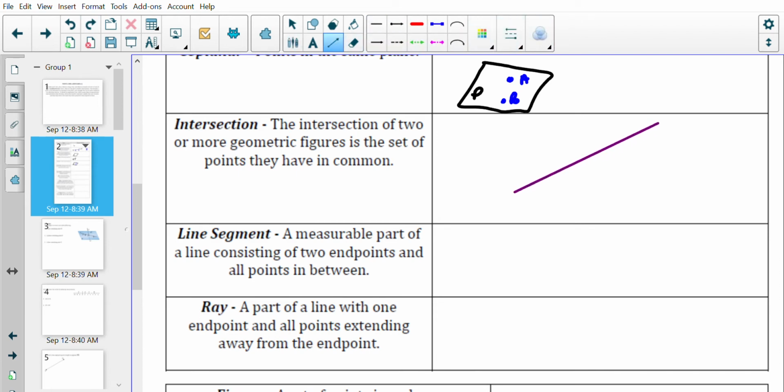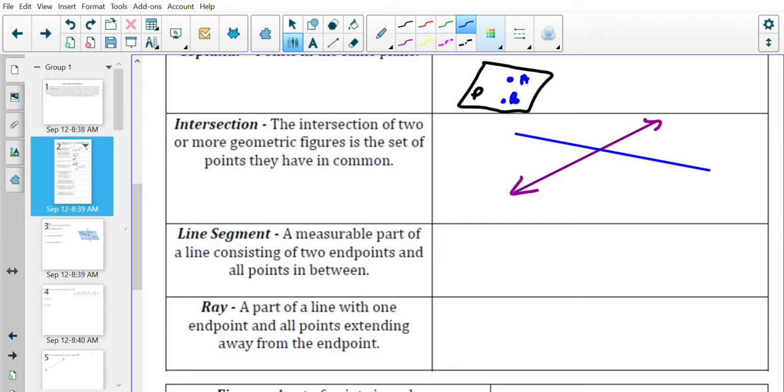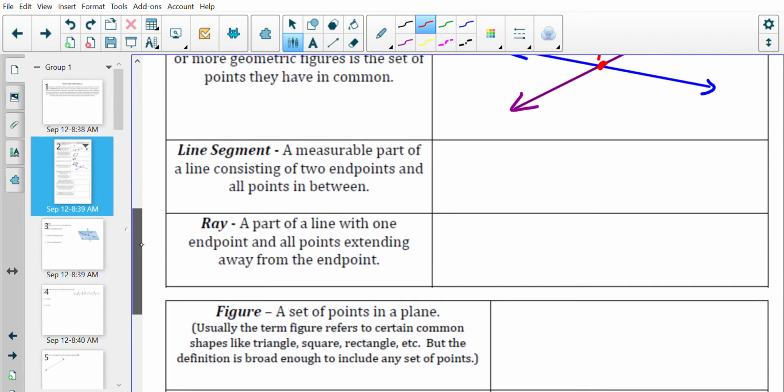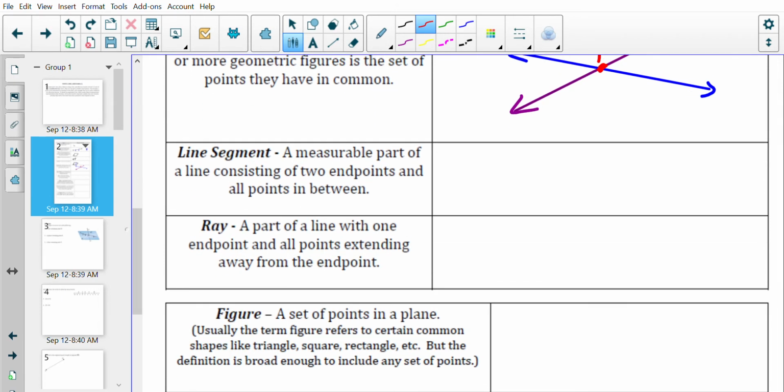We got this line, and we have another line here. Where the 2 lines cross, that is our point of intersection. So right here, dead center, point T. So there's the intersection.